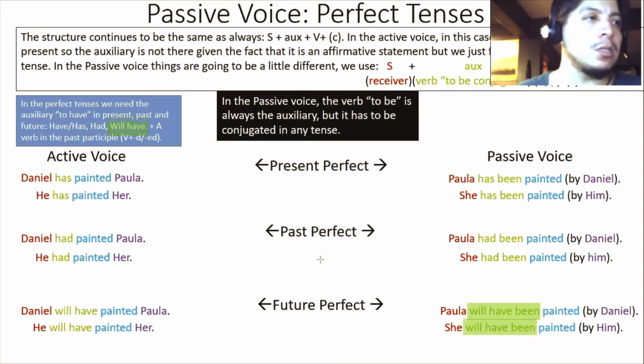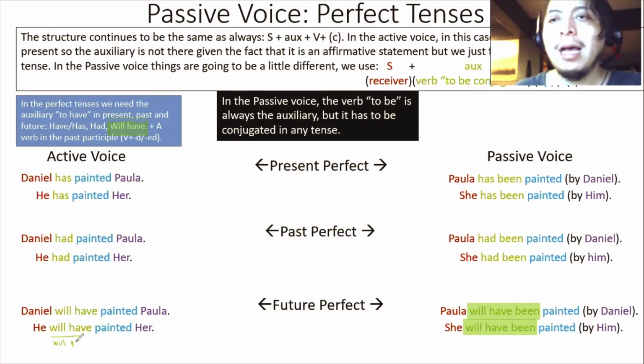What is the process? Again, I'm sorry about that. The auxiliary for the future perfect is will have, and the verb is in the past participle. If we need the passive voice, we need the verb to be instead of the verb to paint.